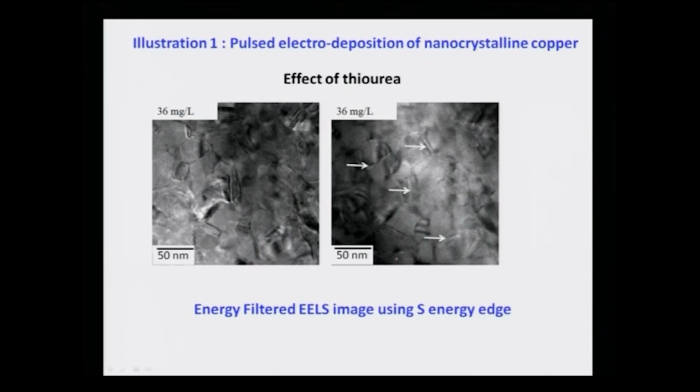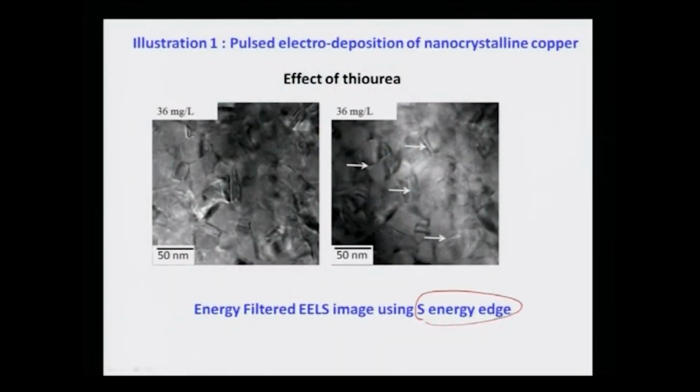The left side of the image is basically a normal wide field image taken by transmission electron microscope. The right side of the image shows you the sulfur energy map. In fact, in electron energy loss spectroscopy, you can select the energies of an element, which are given as an energy edge. Here we are using the sulfur energy edge to image, and we can see these white contours along the grain boundaries, signifying the sulfur.